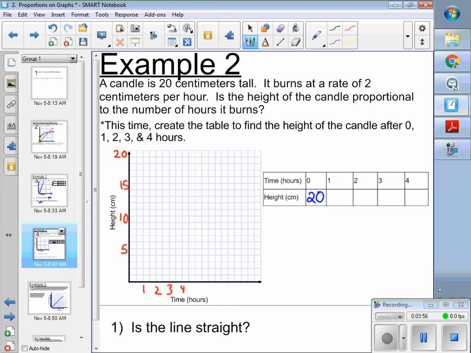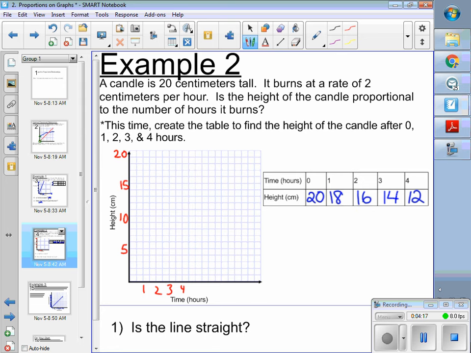Okay, and then it burns 2 centimeters per hour. So after 1 hour, it's going to be 2 centimeters shorter, or 18, and then it's going to go down 2 centimeters each hour after that. So hopefully you guys would not have problems filling that in.